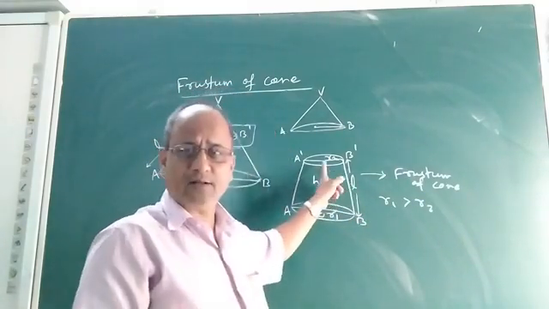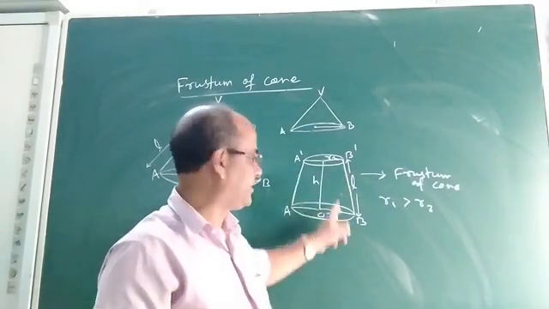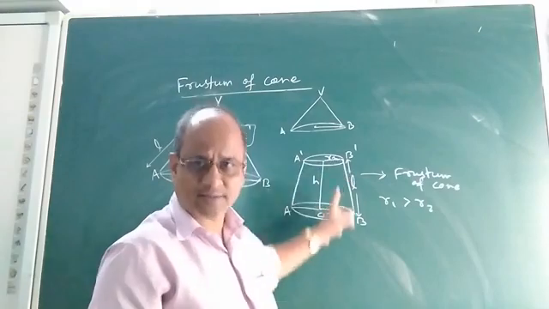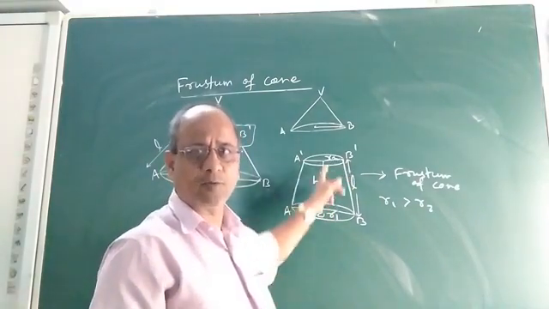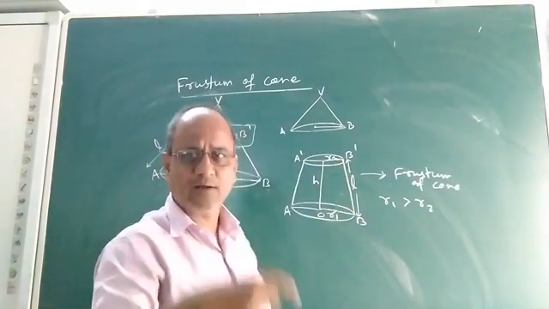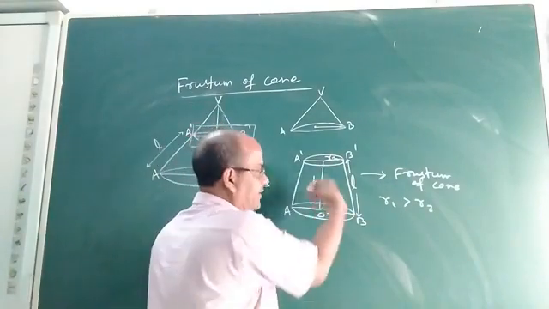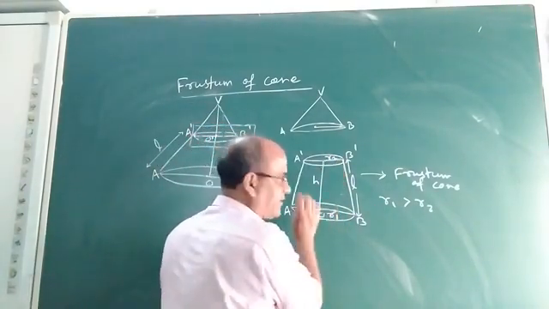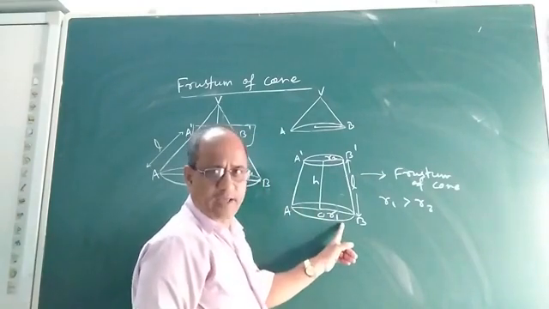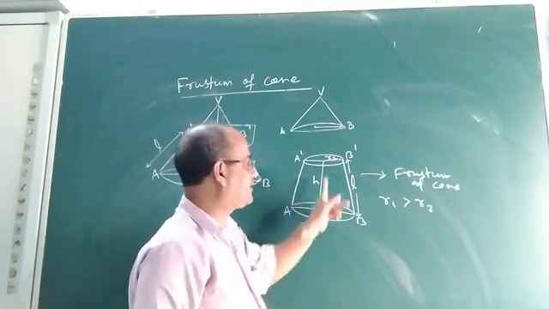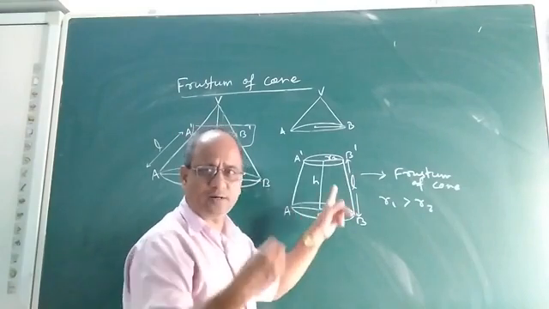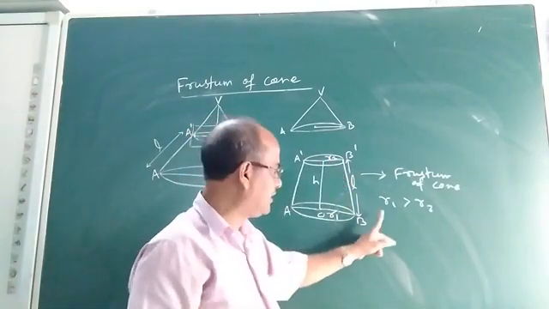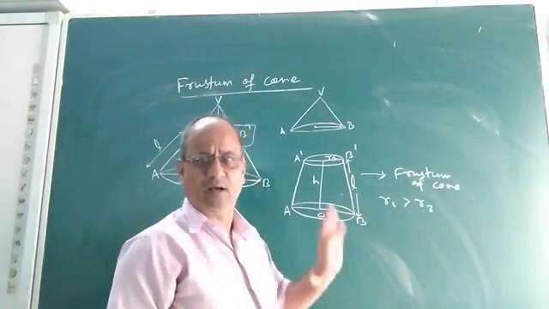If you look at the figure of a frustum of cone, it has two circular ends, two flat circular surfaces, having different radii. Suppose the radius of this upper flat surface is R2 and the radius of this lower end is R1, such that R1 is greater than R2.